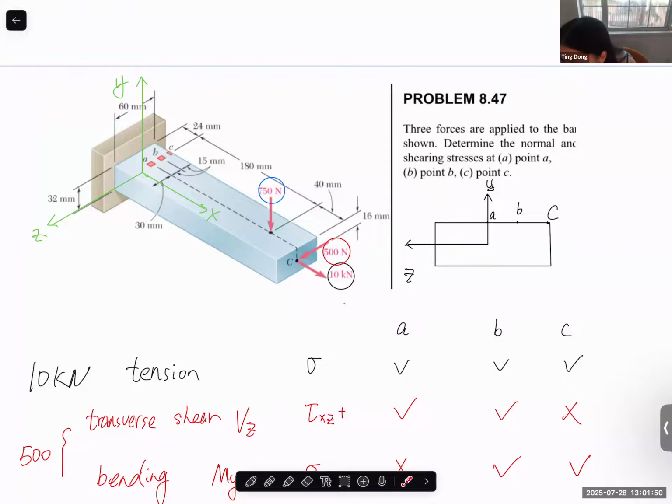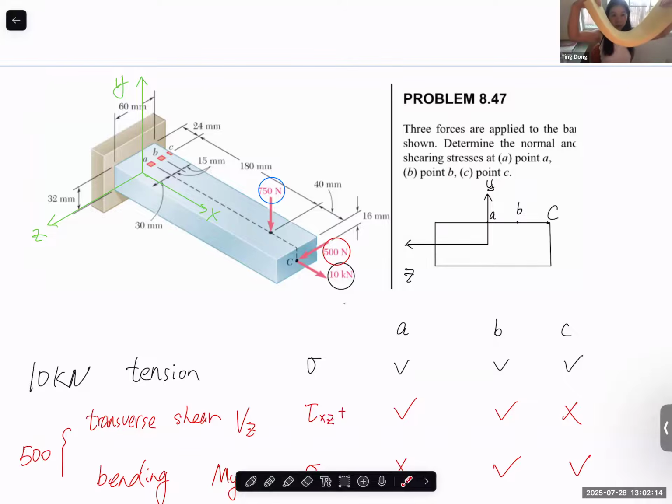Is the top surface always the surface in tension? How do you define the top and bottom surface? Let's say this is a beam. If I say this is the top surface and this is the bottom surface, and I bend in this way, the top surface is in tension.